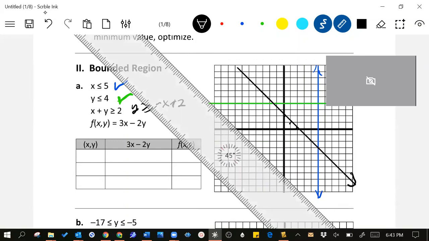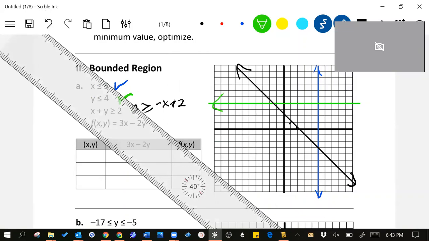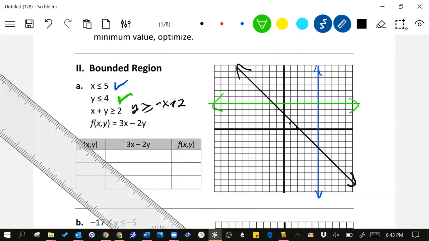Remember, as you've seen with my doing these graphs here, that I require people to put arrows and to draw all the way through a graph. Now, a shaded area for this will be the areas that are less than the blue line, below the green line, and greater than or equal to this line.